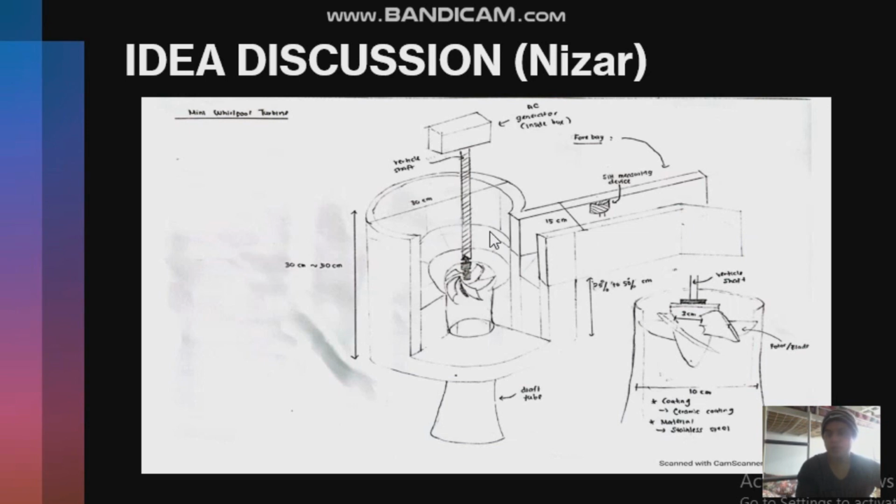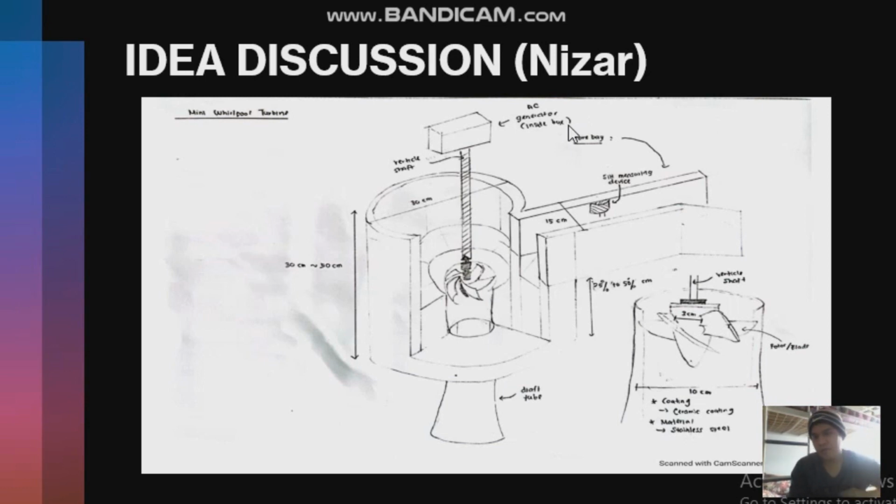The water that enters will have a whirling movement down into the turbine, and will flow out through the draft tube. This movement rotates the turbine, which has a shaft connected to the AC generator.